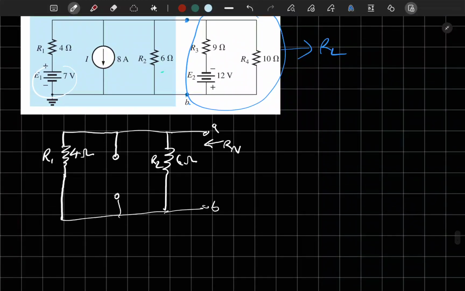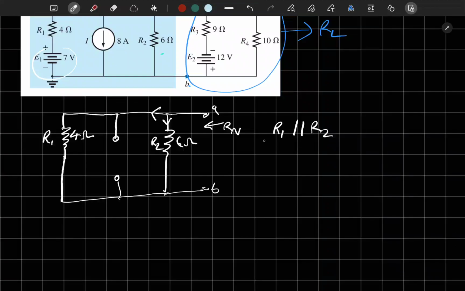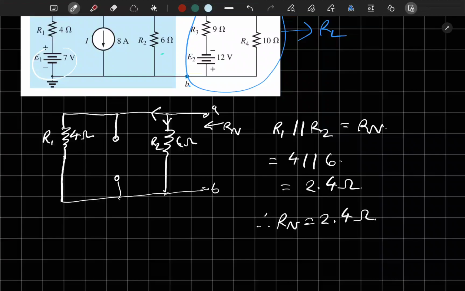And Rn comes in this way. As we can see, they divide here. So R1 is parallel to R2, and that's Rn. So it's R1 4 parallel to 6. That's 1/4 plus 1/6, which is 2.4 ohms. Therefore, Rn is equal to 2.4 ohms.